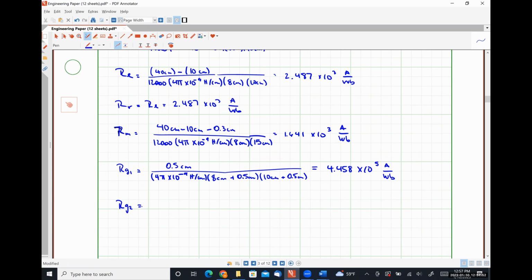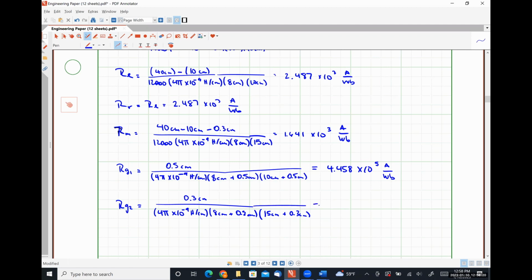And then RG2 is going to be 0.3 centimeters over 4 pi times 10 to the minus 9 Henry per centimeters. So this is going to be 8 centimeters plus 0.3 centimeters. And this is going to be 15 centimeters plus 0.3 centimeters. And if you hadn't mentioned it a moment ago, I would have totally screwed that up.